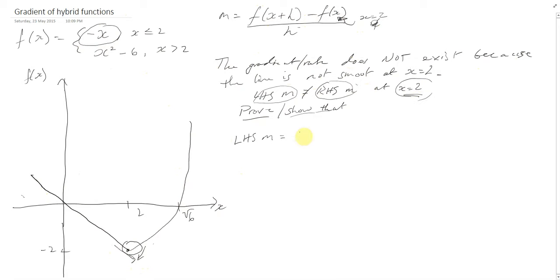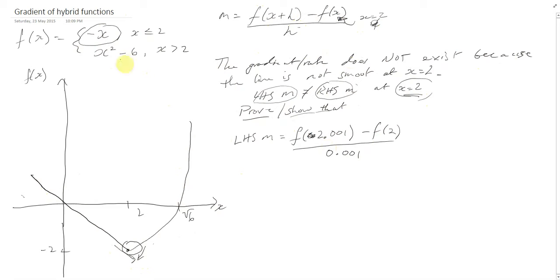For h, it's going to be a small amount, so I'm going to use 0.001 for that. So let's have f of 2 plus 0.001, minus the function at 2, all divided by that small bit, the 0.001.